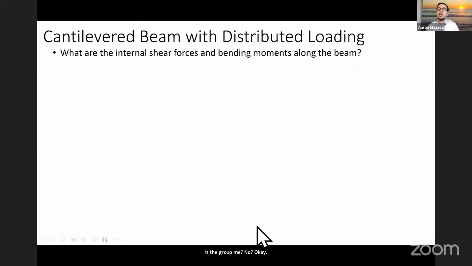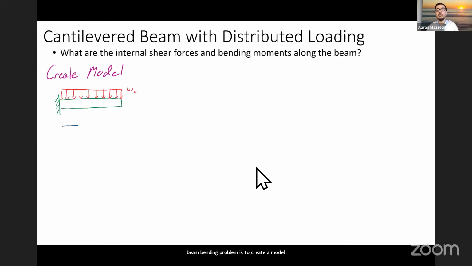Okay, so let's take a look at an example. Here we're going to try to figure out what the internal shear forces and bending moments would be along a beam. The first step in this approach to a beam bending problem is to create a model. So here's the model.